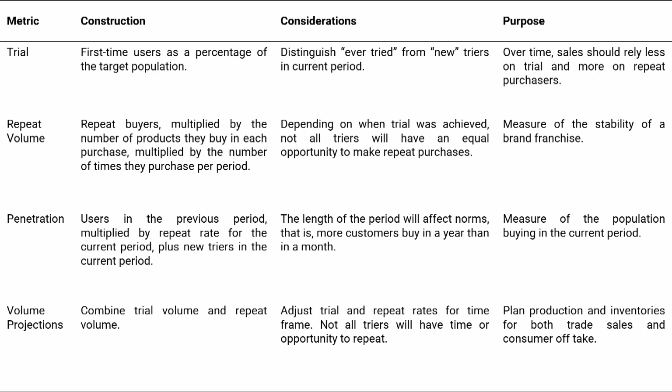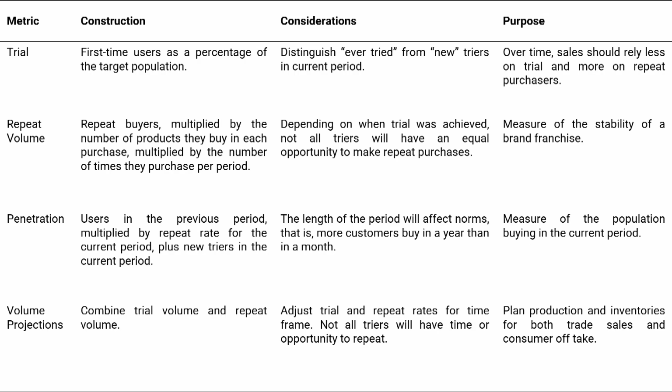Then the next metric is penetration. Construction wise, it is users in the previous period multiplied by the repeat rate for the current period plus the new triers in the current period. So, basically it refers to those customers who have made at least one purchase in the given period of time.